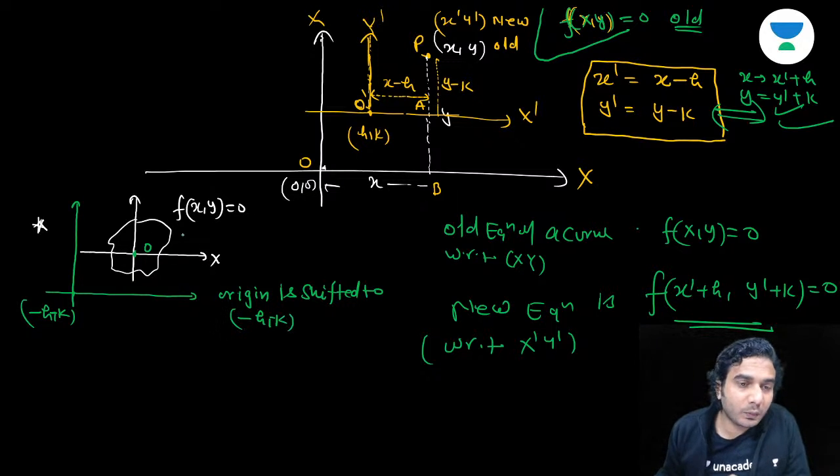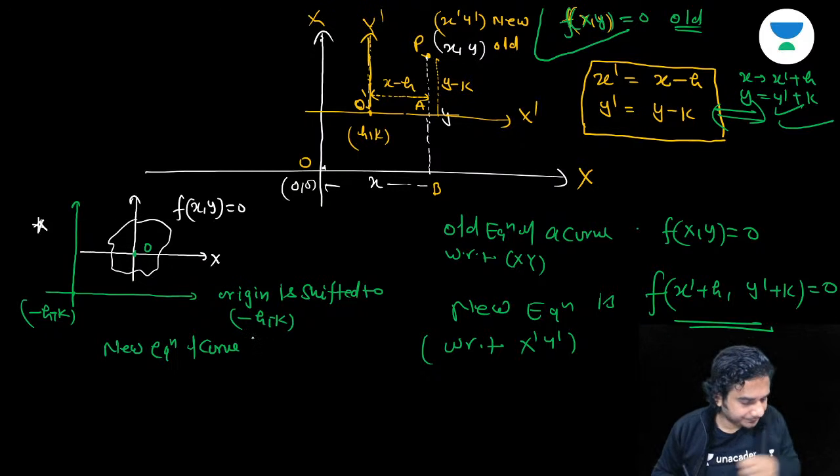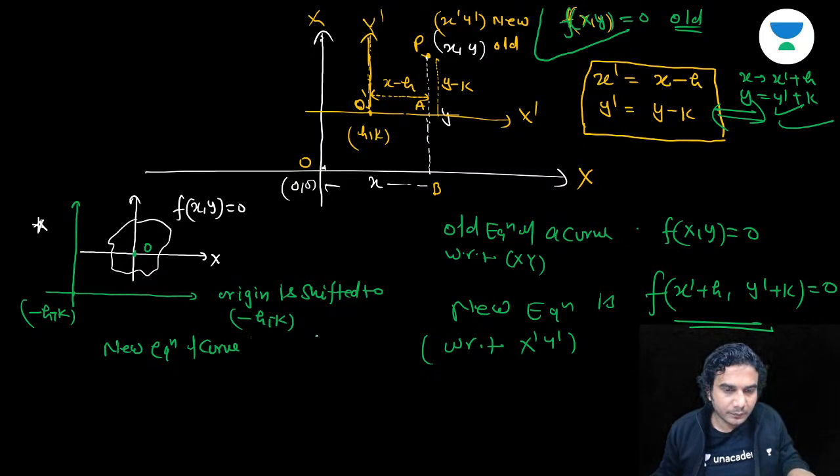Then what will be the equation of this new curve? Tell me, write it. F of, in place of x, what will you write?